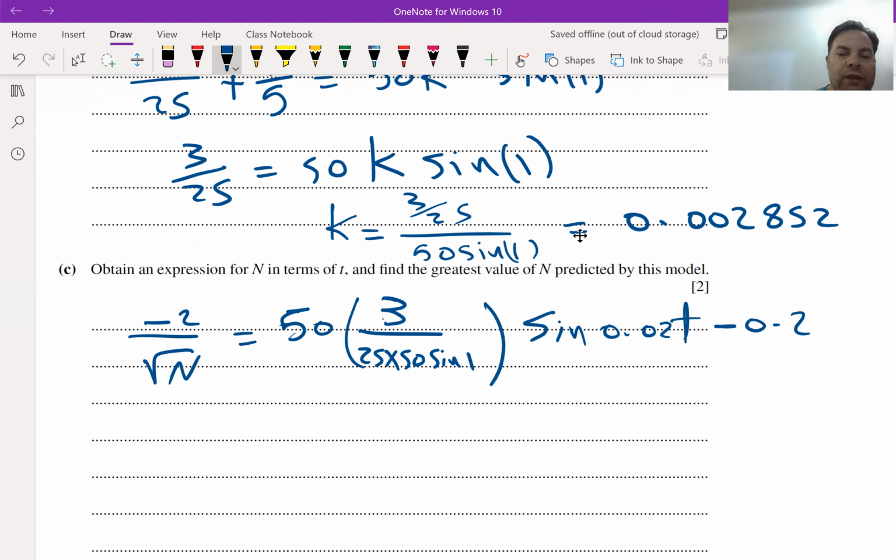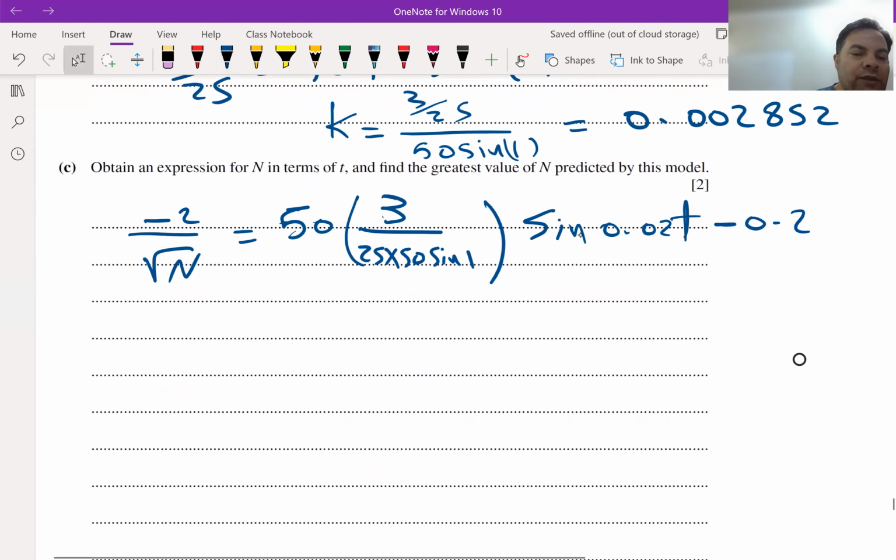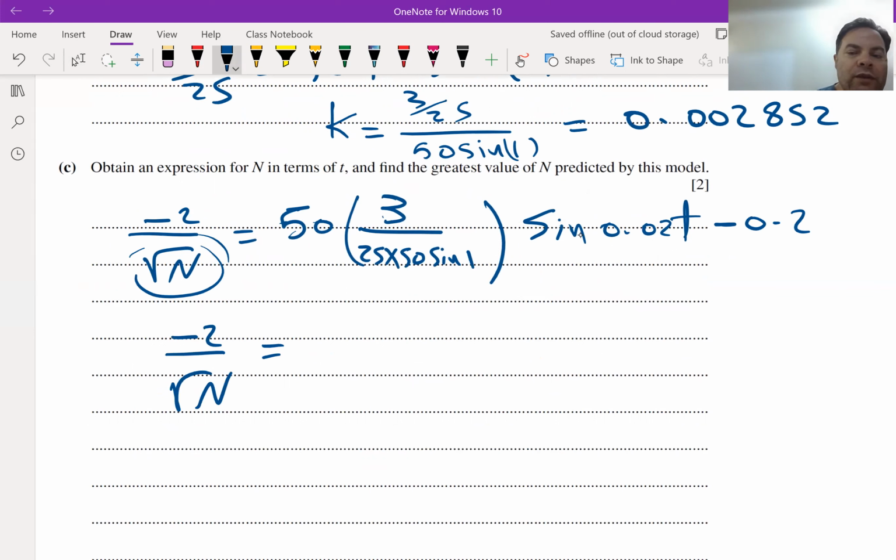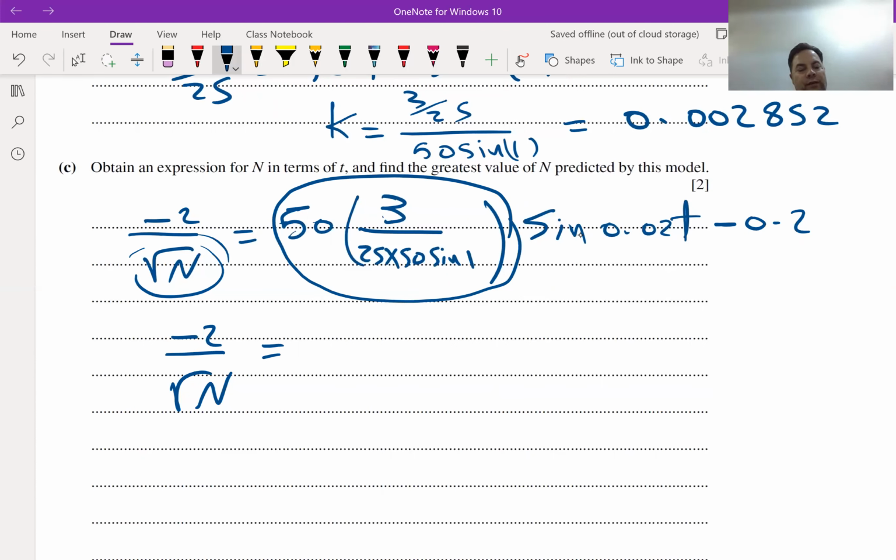Now, to simplify and get n as the subject, minus 2 over root n is equal to, if you simplify this part, 50 times, and keep it exact, 50 times 3 divided by 25 times 50.